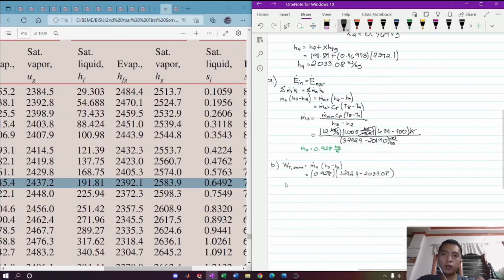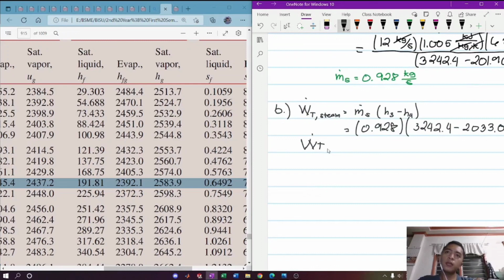So ang ato ang work dot sa steam turbine is 1122.25 kilowatts.